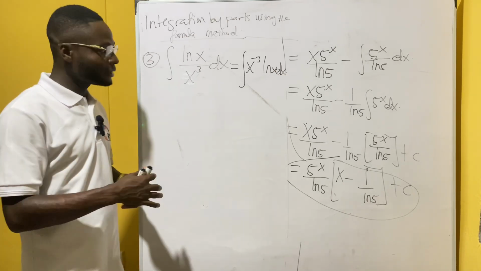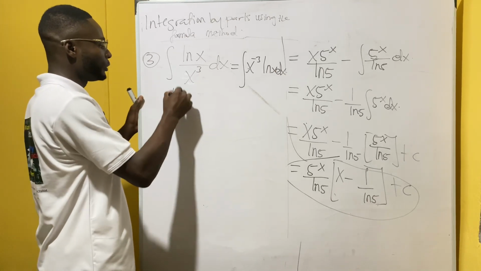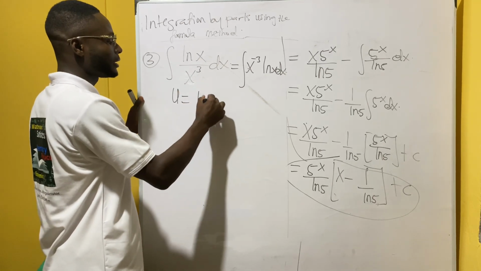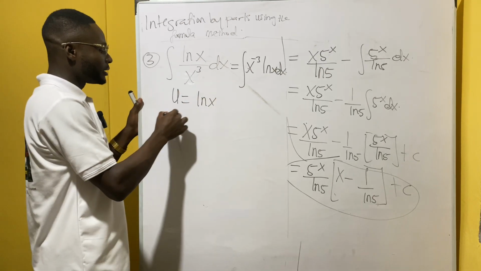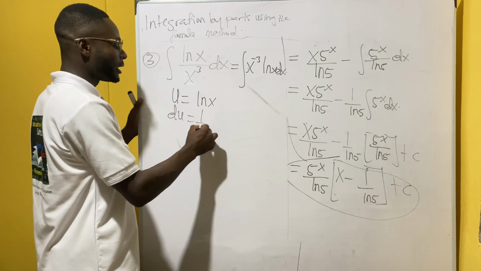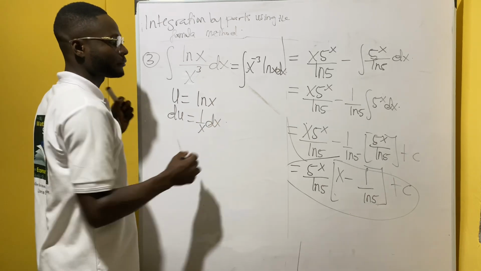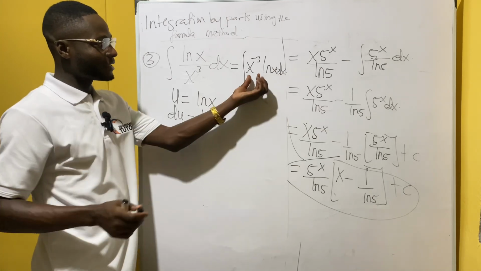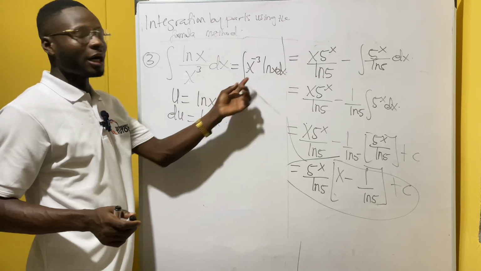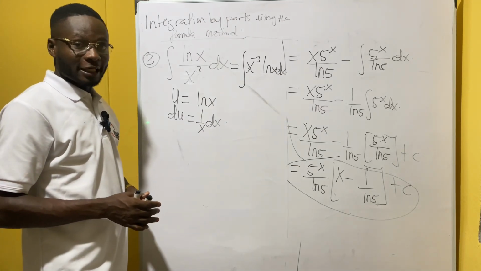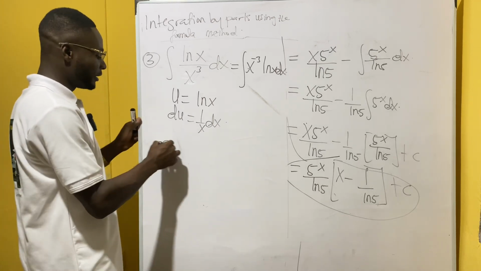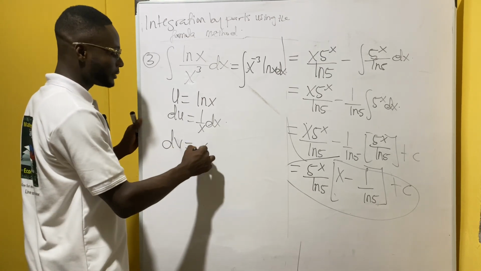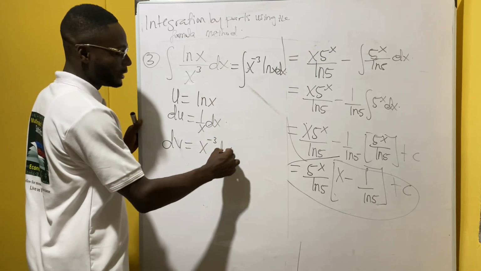So when we do that, that means that our u will be equal to ln x right here. So it means that our du is equal to 1 on x dx, right? Now we are done with this part. It means that this right here is going to be the dv. So our dv right here is going to be x power negative 3 dx.